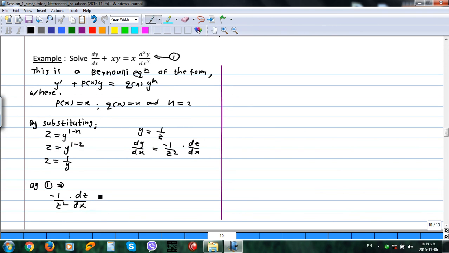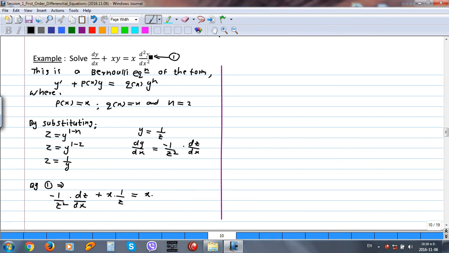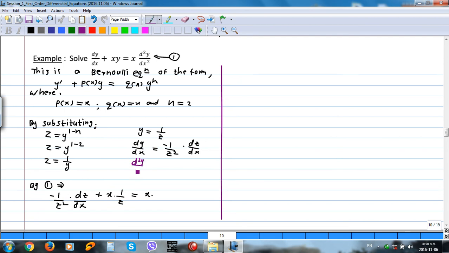I substituted that, plus x times y, instead of y I can write 1 over z, equals x times y squared.